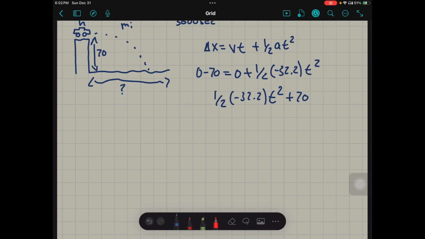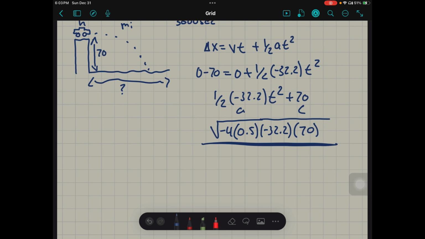Now to solve for t, you can use the quadratic formula. Because we don't have a b value, this would be a, b would be 0, and this would be c, we can just not include it. So we have the square root of negative 4a, which is 0.5 times negative 32.2, multiplied by c, which is 70.